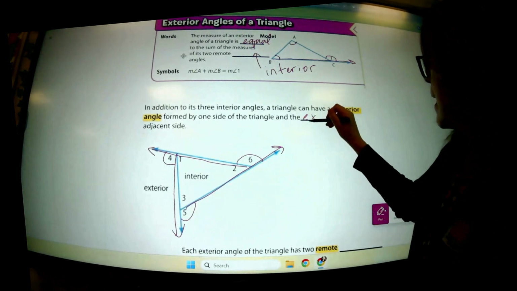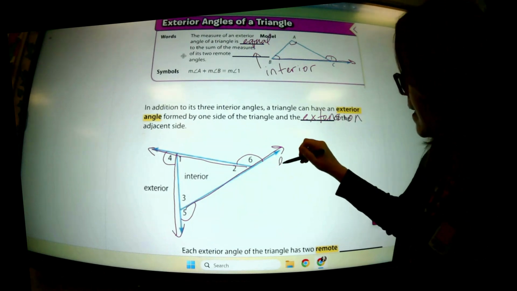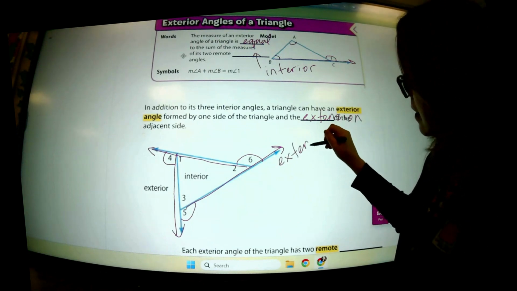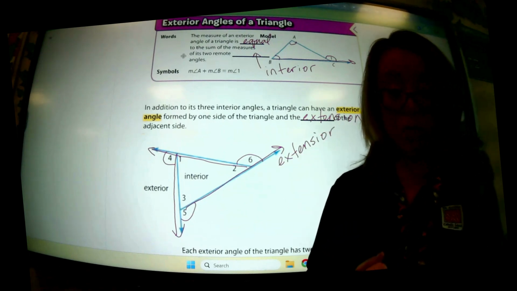Okay, so we're going to say extension is what goes in this blank, because I have extended that side to find that exterior angle.